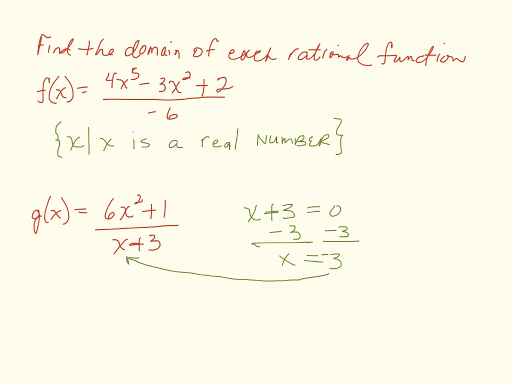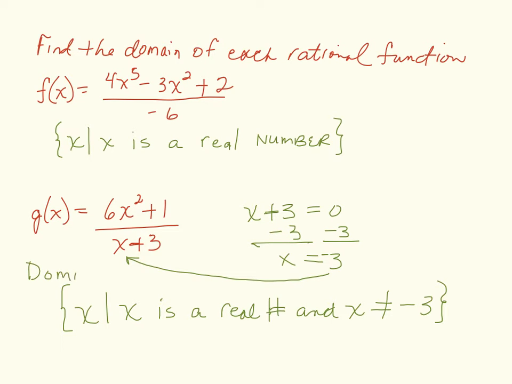So we write the domain is all x such that x is a real number and x cannot be equal to negative 3. So x is a real number, but x is not equal to negative 3. That is the domain of this particular function.